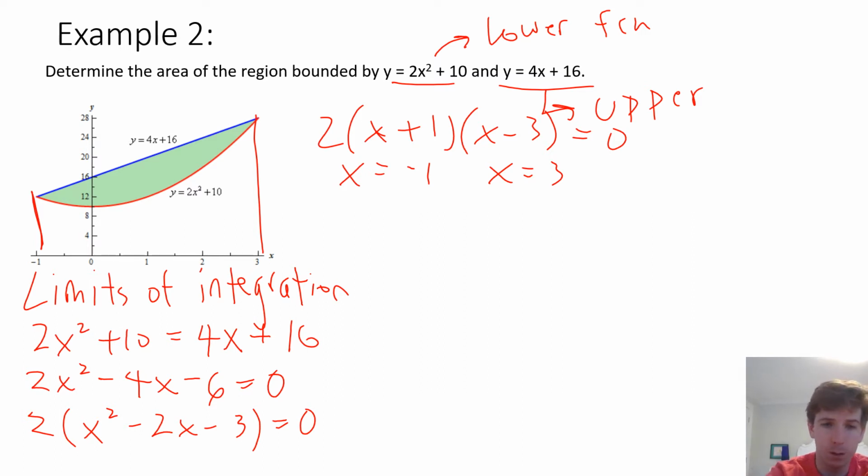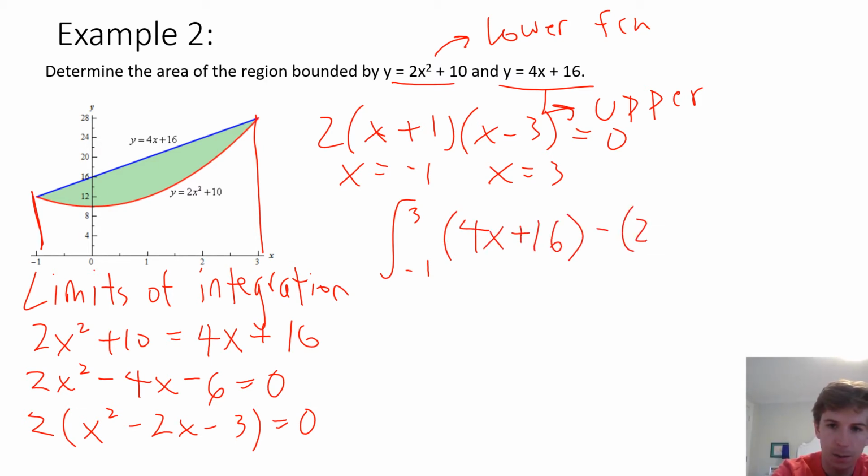Now that we have those points of intersection, we can set up our definite integral. So it's from negative 1 to 3 of upper minus lower. That's going to be 4x plus 16 minus 2x squared plus 10 dx.